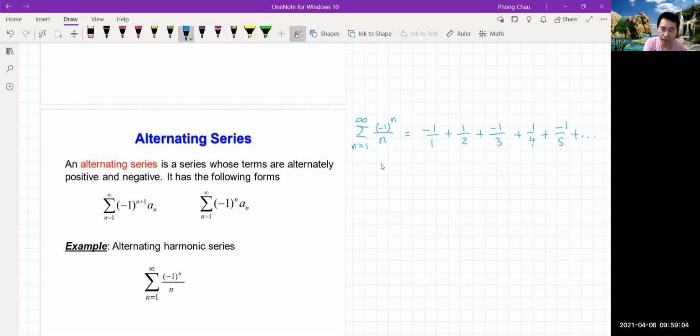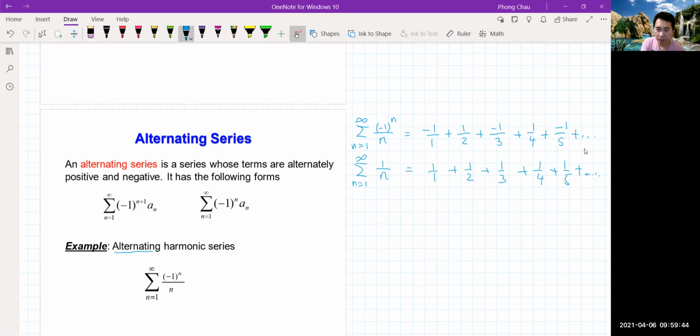But if you compare it to the harmonic series, the one that we learned earlier, 1 over n, that's why we call it the alternating harmonic series, because it's really the harmonic series. The one that we learned is 1 over 1 plus 1 over 2 plus 1 over 3 plus 1 over 4 plus 1 over 5. All the terms are the same, but they are positive there, while here the signs are alternating.